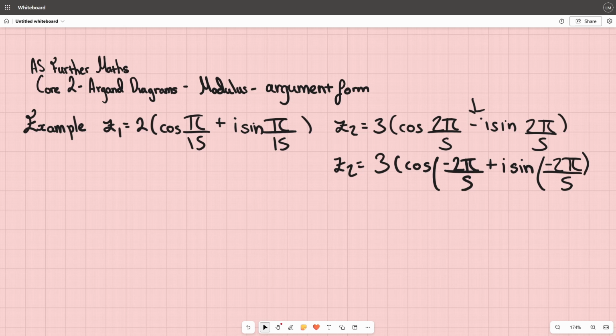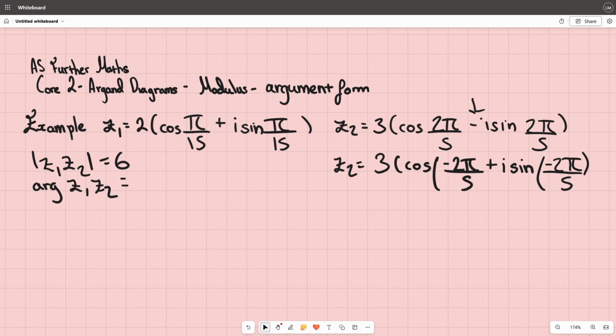So now we want to find z1 z2, just to show you how to do it. So on z1, r equals 2, and on z2, r equals 3. So 2 times 3, that's equal to 6. And the argument of z1 z2 is the argument of z1 plus the argument of z2.